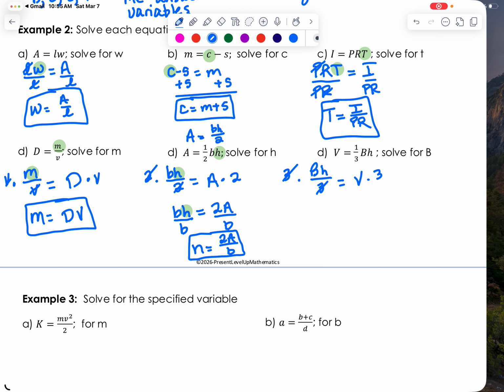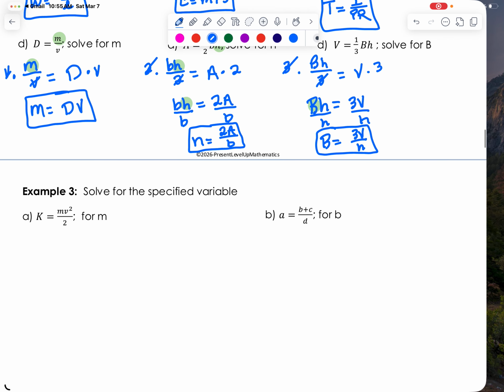So cancel, cancel. BH equals 3V. Highlight what I'm trying to solve for. And then I divided by H. So B is equal to 3V divided by H. Check your answer with mine. If you need to, pause the video and correct your work.